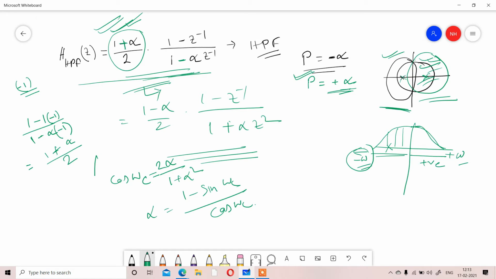Okay, so this will be the characteristics of the high pass filter, and if we simply multiply the high pass filter and low pass filter, you will get your band pass filter.